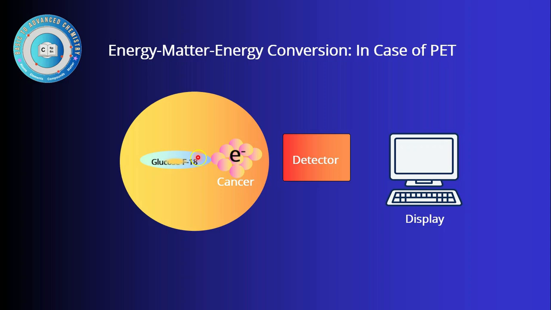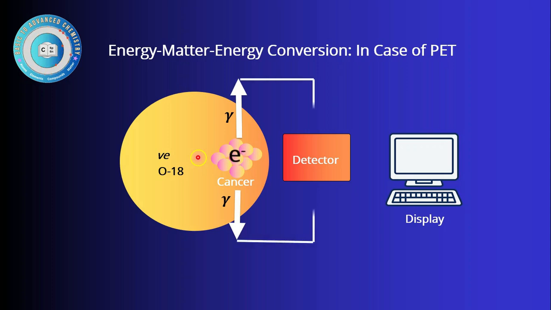The glucose is consumed by the cell, then fluorine-18 decays, and a positron is produced and interacts with an electron produced by metabolic activities. They cancel each other by producing two gamma rays. These gamma rays are directed away from each other by 180 degrees.